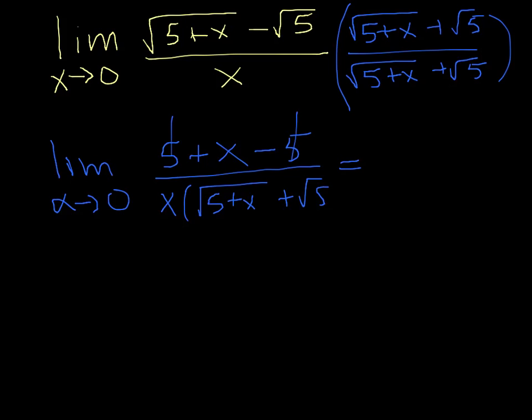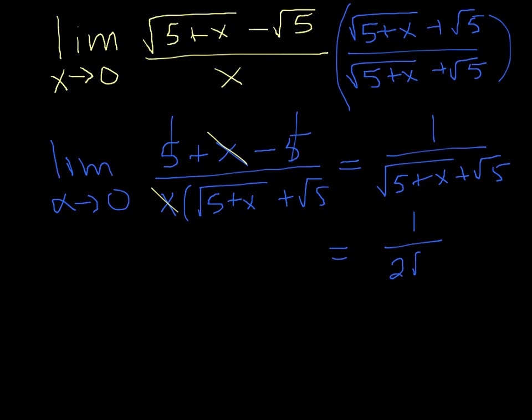Well, our 5's up here are going to go away, and then I'll be able to divide out the x term as well. Once the 5's are gone, that x and that x will divide out, and I will be left with 1 over square root of 5 plus x plus square root of 5. So if x is 0, I'm going to have 1 divided by 2 times the square root of 5.